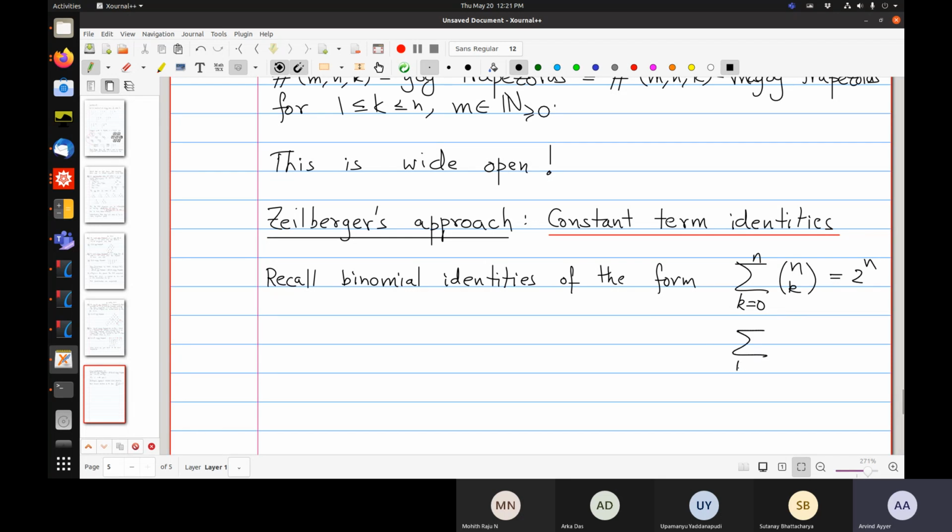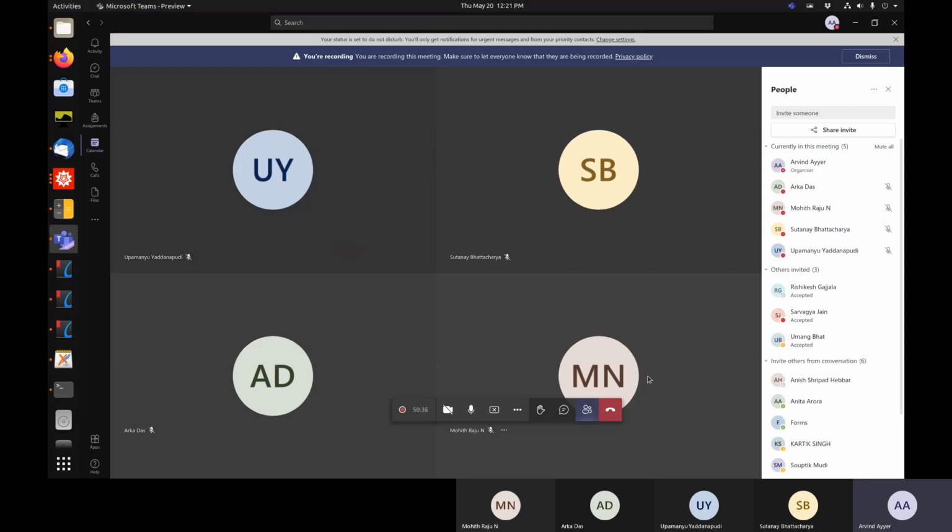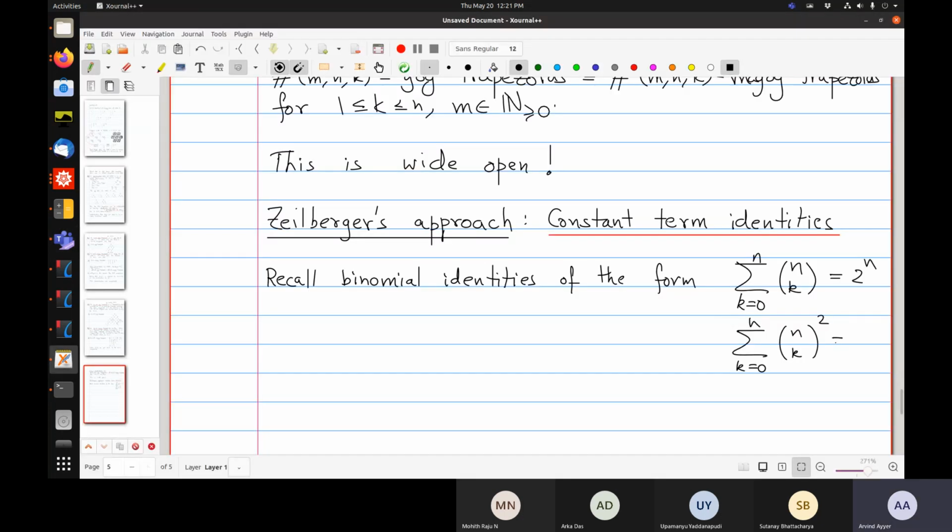A slightly harder identity is this. What is this? If I sum the squares of the binomial coefficients, does anybody know what the answer is? Okay, this is actually the central binomial coefficient.